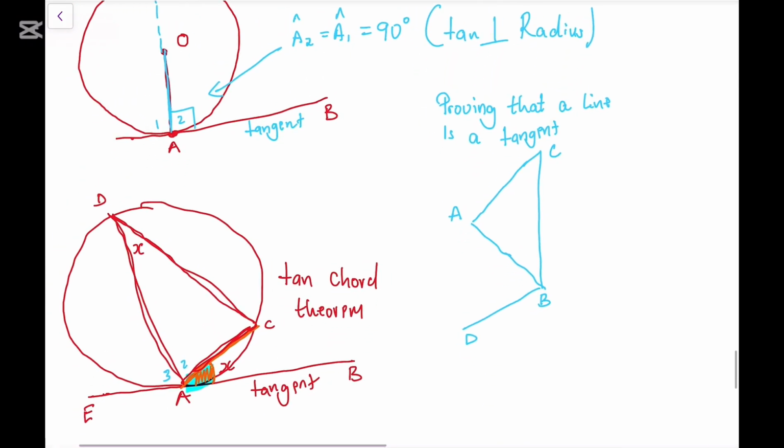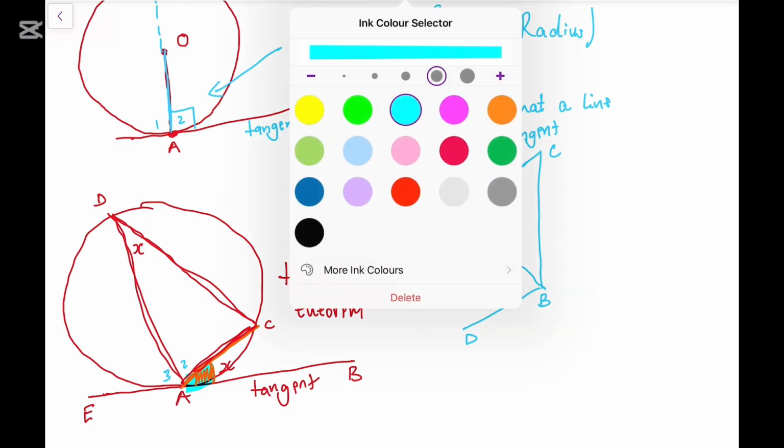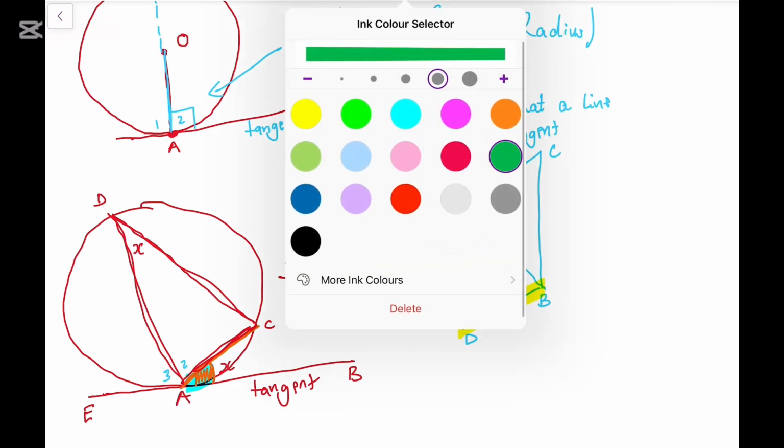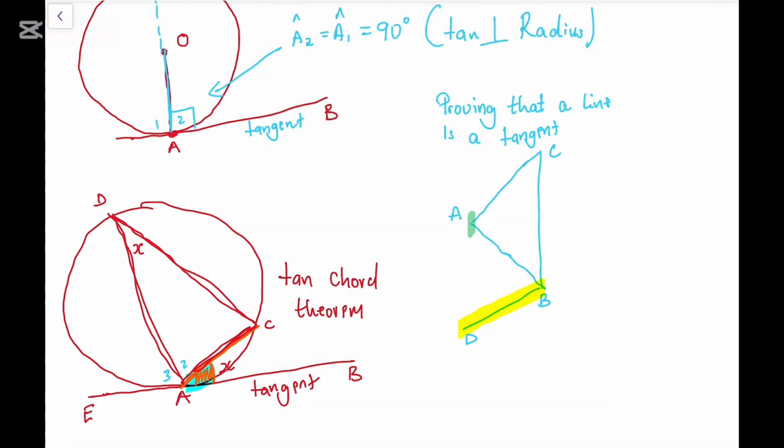Now, in the exam, sometimes they will ask you to prove that a line is a tangent. So now if they say to you, prove that a line is a tangent, let's say, for example, you are required to prove that line BD is a tangent to circle ABC.